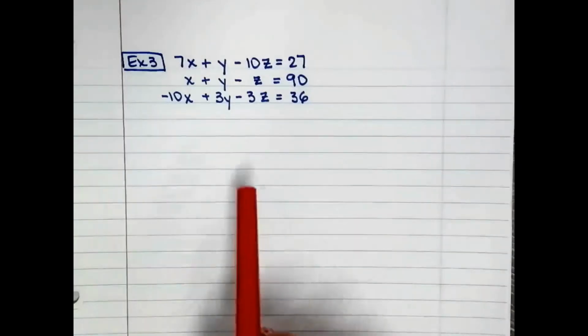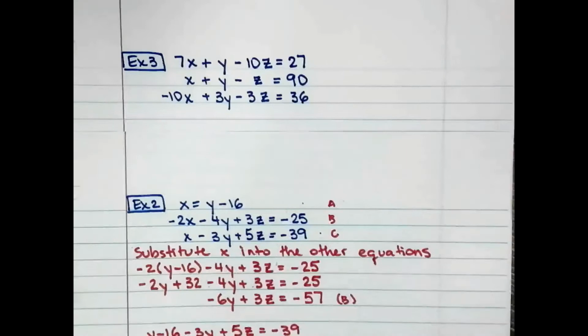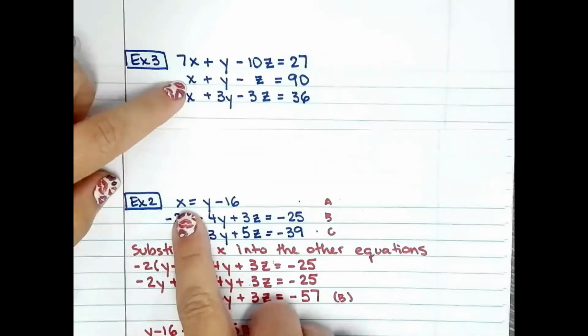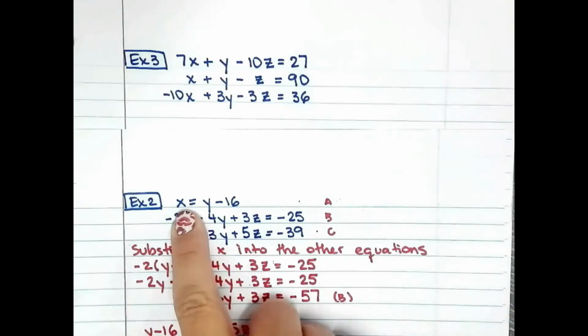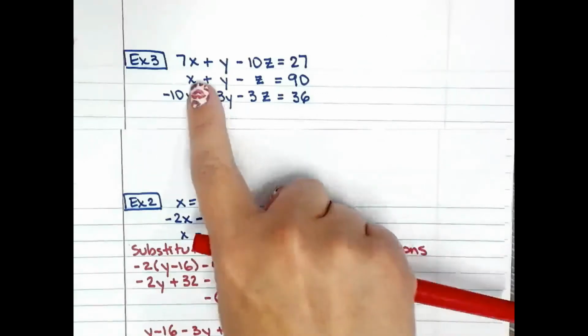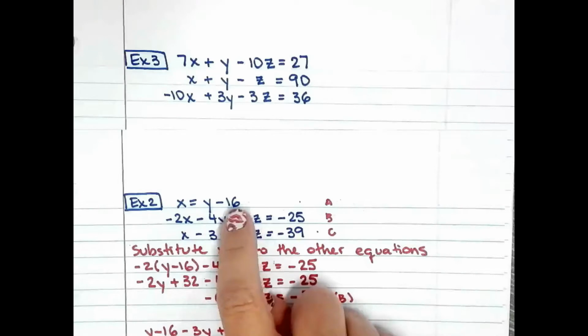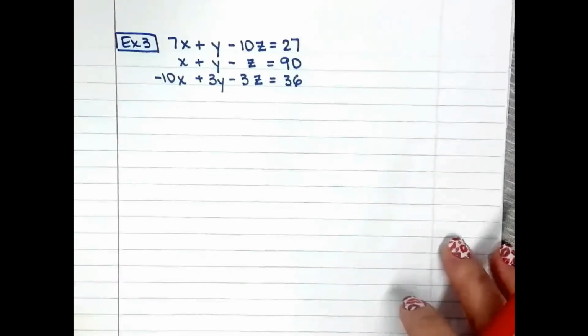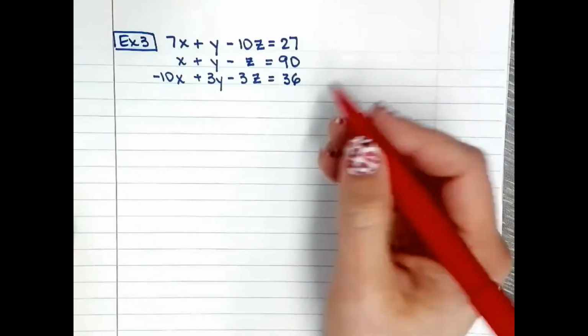The difference between example 3 and example 2 is I will have to isolate a variable here. It doesn't matter which one you choose, but don't work hard, just work smart, okay? Choose an easy variable to solve for, and that will be your starting point. But if you want to take a break and start practicing the easy steps that we've done, go for it. If you want to keep on working on your notes, let's do that too.